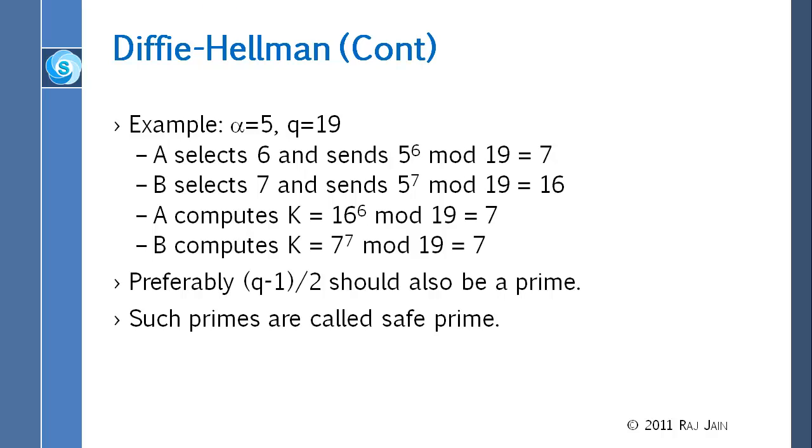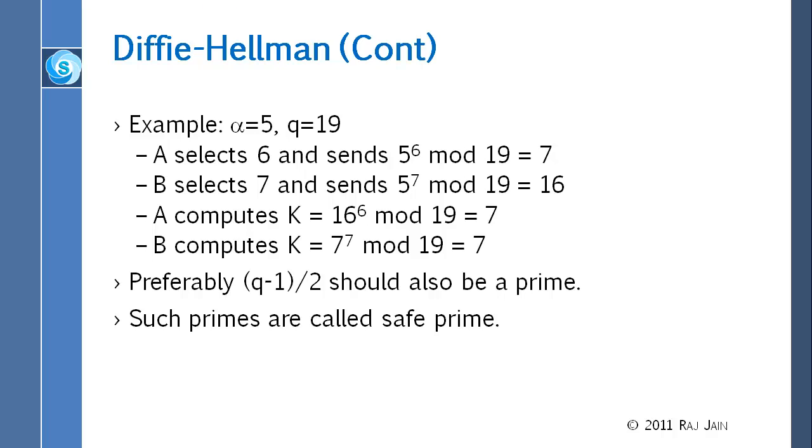Alpha is equal to 5, Q equal to 19. So A selects 6 randomly. It doesn't have to be a prime number. It's just a random number, 6. And sends 5 raised to 6 mod 19 equal to 7. So it will send 5, 19, and 7.